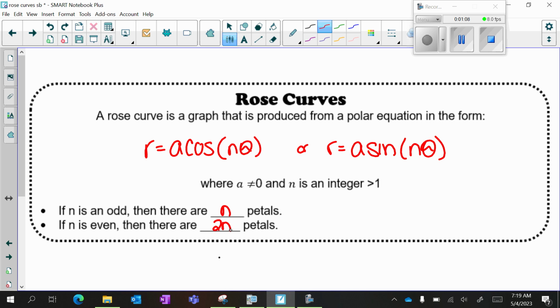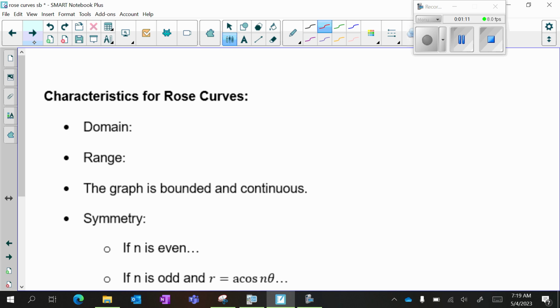So some general characteristics about our graph. The domain of rose curves is all real numbers. Your range is going to be bounded because the rose graph is bounded and continuous. And it's going to be bounded based on the value of A. So your range is going to be from negative absolute value of A to positive.